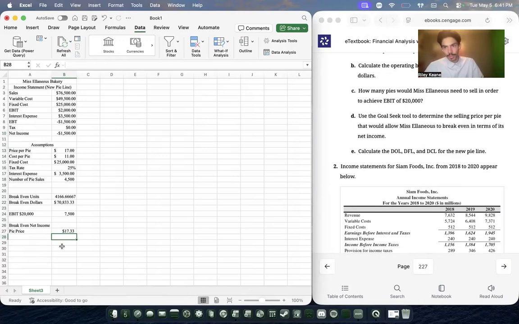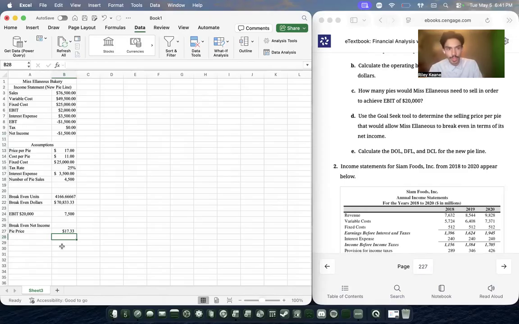If we change one number, how much we need to change it by to make another number a set amount. So in this case, we wanted our net income to be 0. We wanted to find out how we could get there specifically by changing the price per pie. We could do this by changing other factors too.